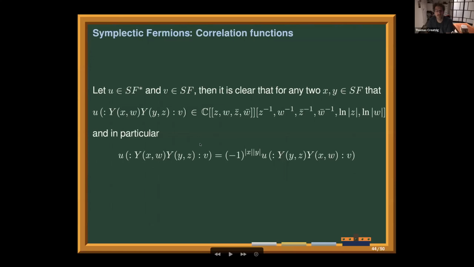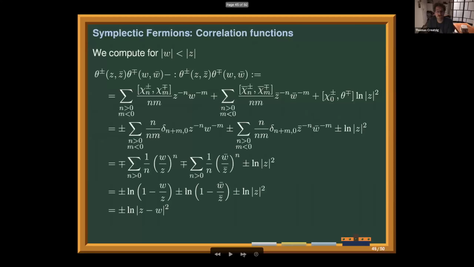And so in particular, what you'll have is a nice locality property. If you swap the order of insertion points, you will get the same expression, except if both of them are odd, then you'll get an additional minus sign. But what is interesting is what the concrete form of the correlation functions is.